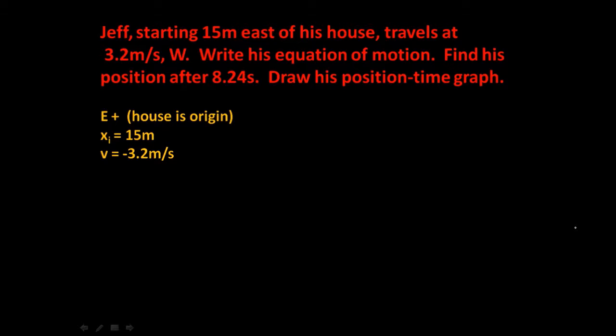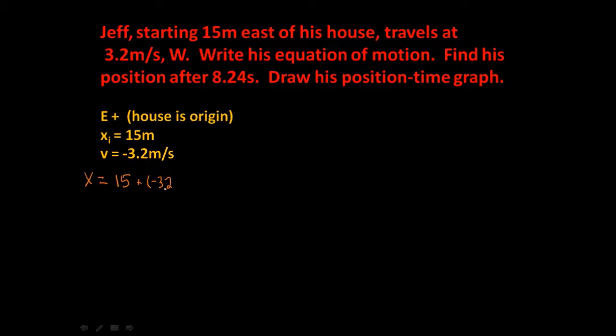So at this stage, we can start writing the equation of motion. And that might look like this. So we have position equals initial position, which is 15 meters, plus velocity, which is a constant velocity in this case, no acceleration involved.